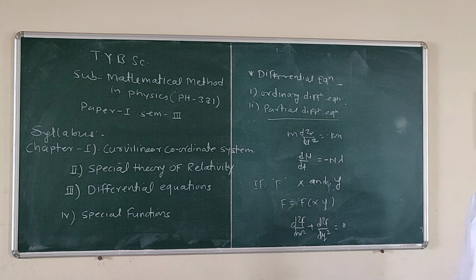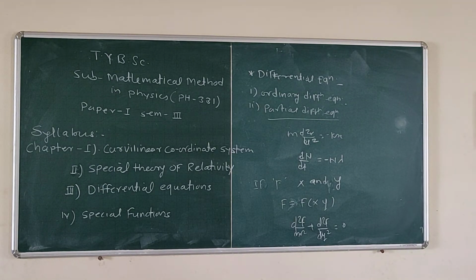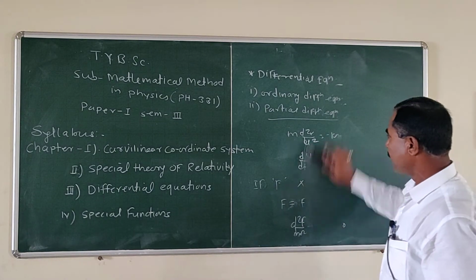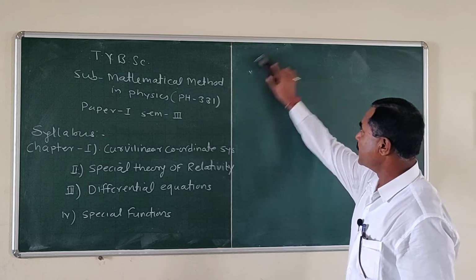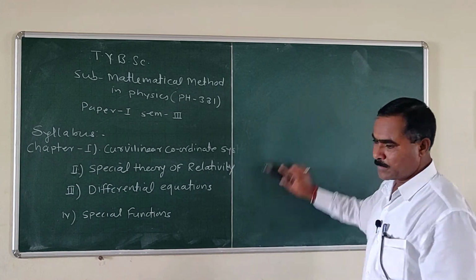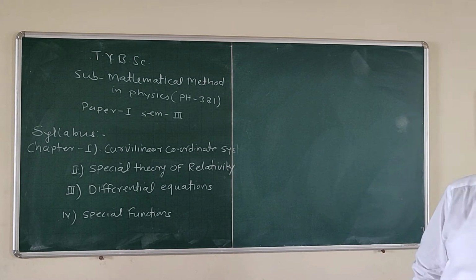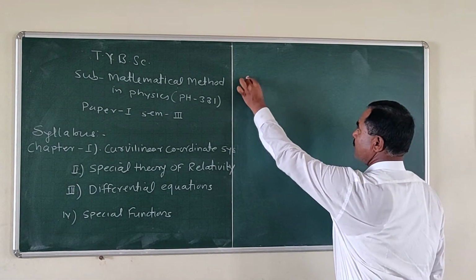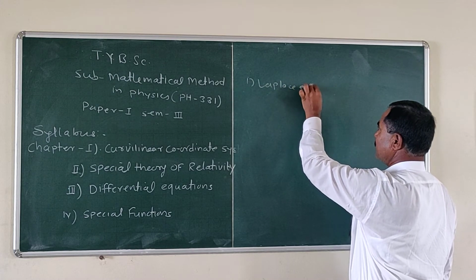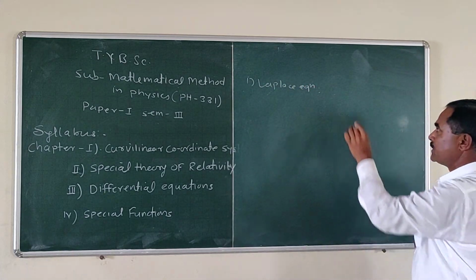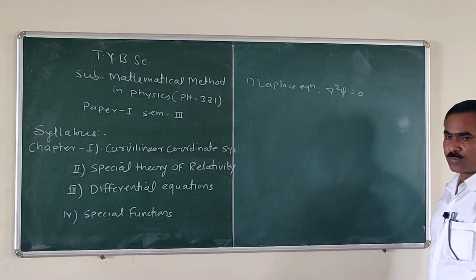Now further we consider frequently occurring differential equations. There are a number of frequently occurring differential equations, so we take examples. The first example is the Laplace equation, whose formula is del square psi equal to 0.